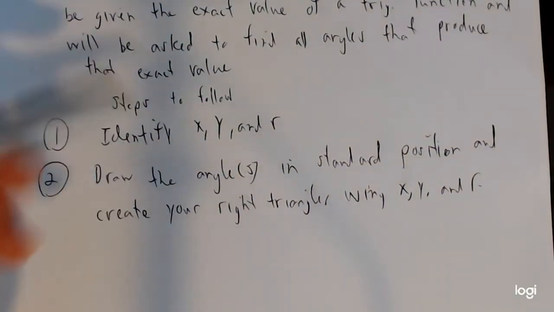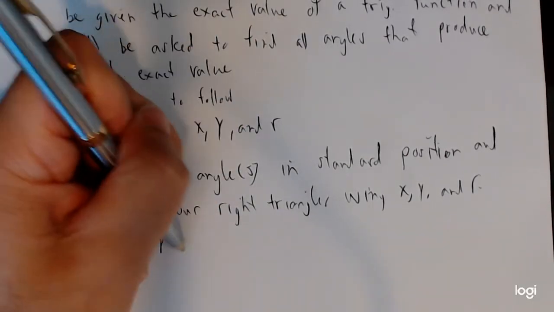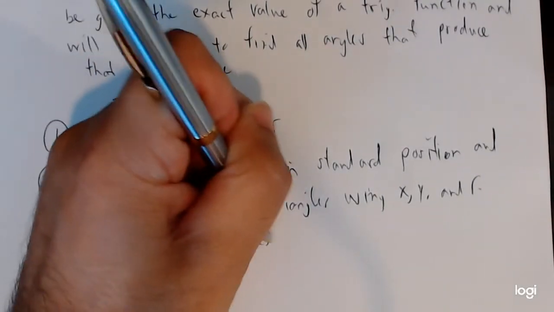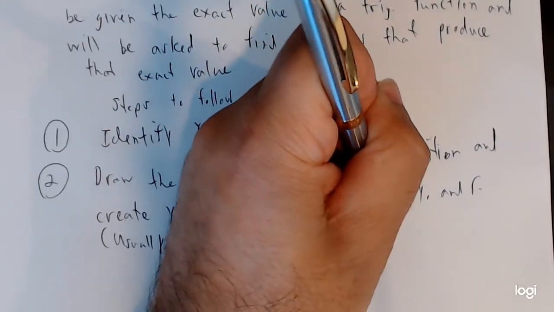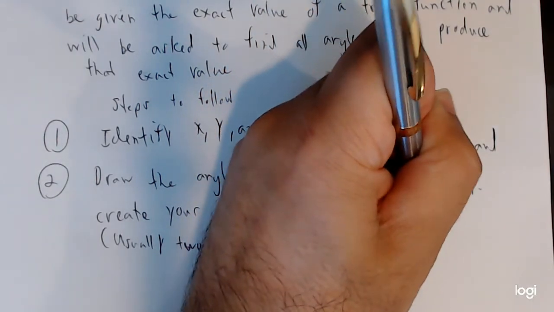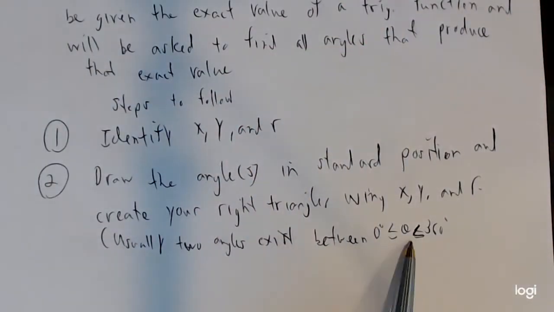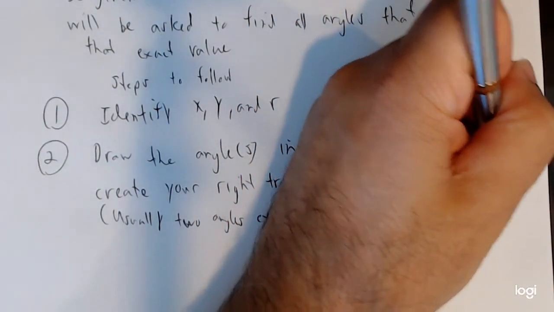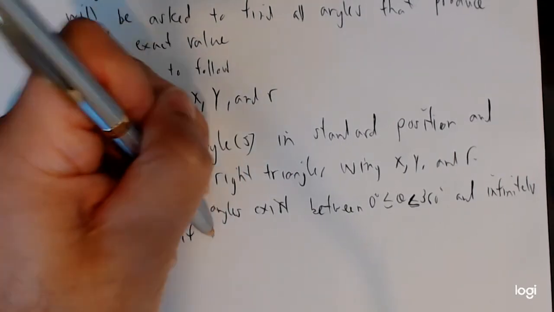What I want to point out to you is usually there are two angles that exist between 0 degrees and 360 degrees. So if there are any restrictions between 0 and 360, there's usually two. And if there are no restrictions, there are infinitely many.